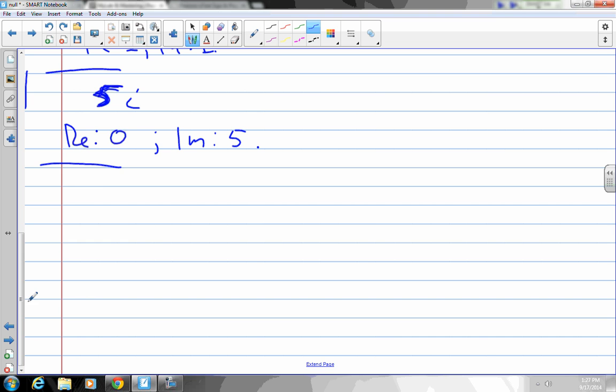How about 7? Is that a complex number? Why not? It's just a real number, but can I still call it a complex number? We know I can call an integer rational too, because it satisfies the definition. Is 7 rational? Yeah, it's 7 over 1, so it satisfies that. Is that complex?